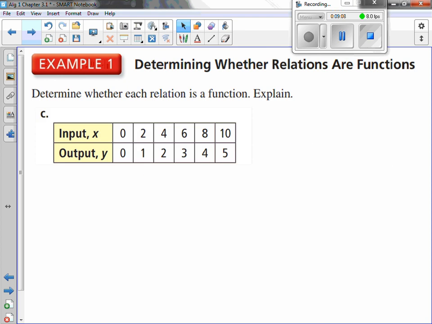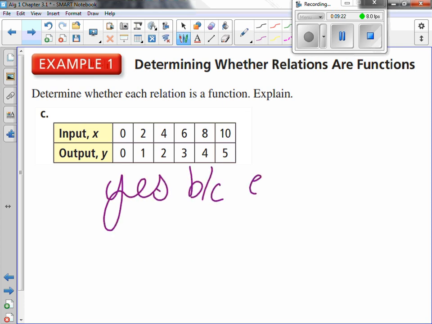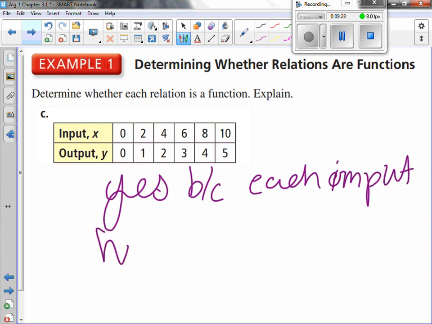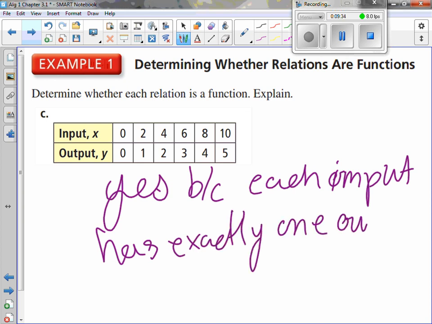Looking at this one here, can we say this is a function? Saying yes, yes. Why? Each input has exactly one output.